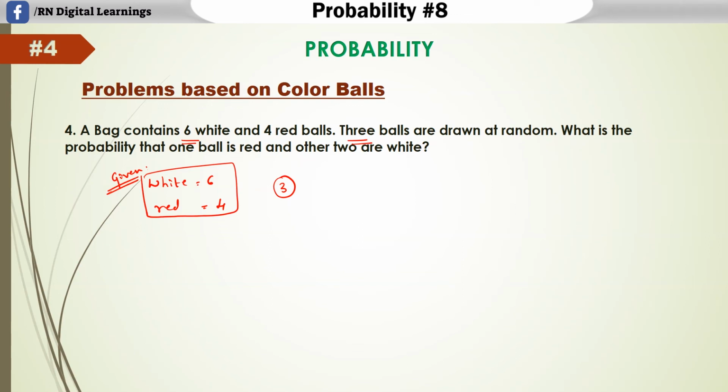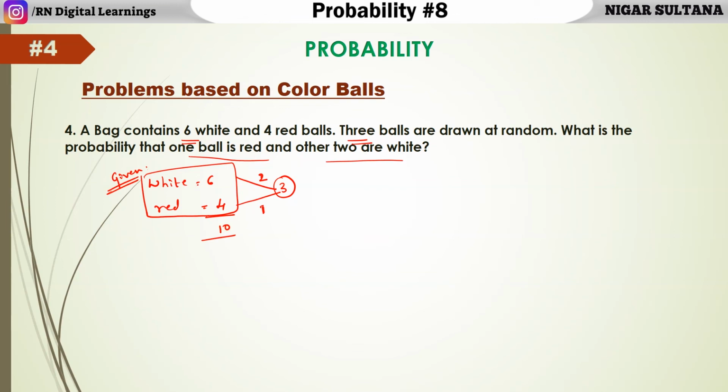What is the probability that 1 ball is red, 2 are white? Now white has to be 2 and 1 has to be red, right? Now first let's calculate the samples. So what is the total we have? Total are 10.